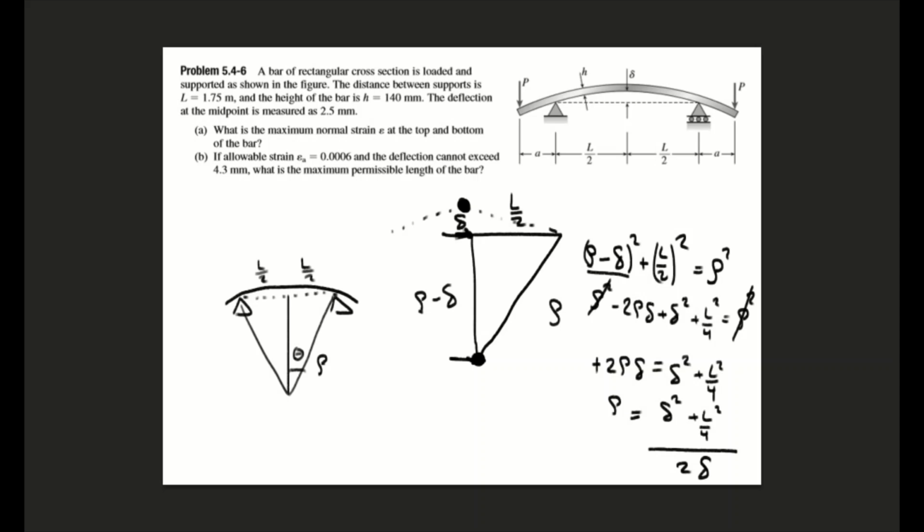So then you get your rho value. And then from there, you just plug it into your strain, negative y over rho, which we talked about in the last problem. You can kind of interchange those because they're not really specifying at which point. So then, bam, you're able to solve for the strain, and that's how you do part A.